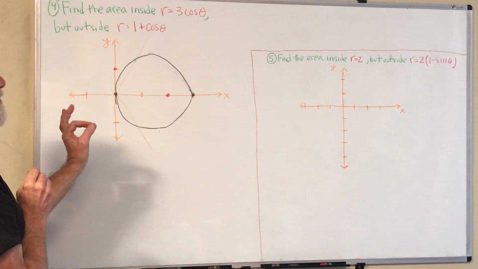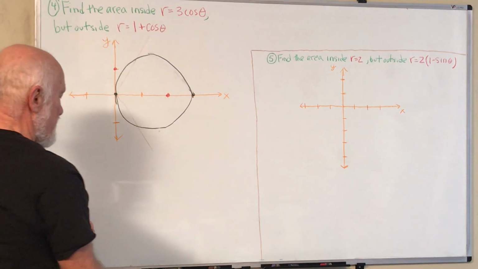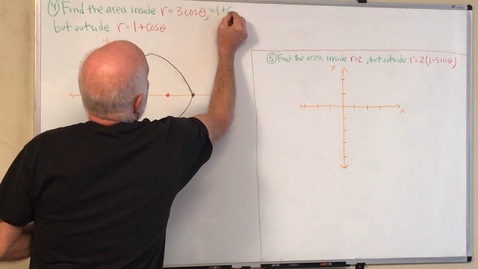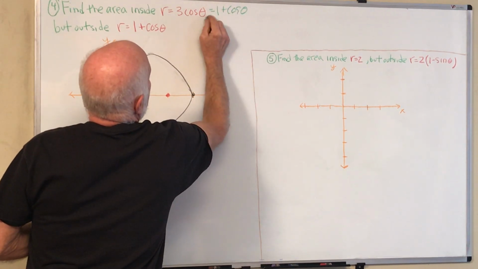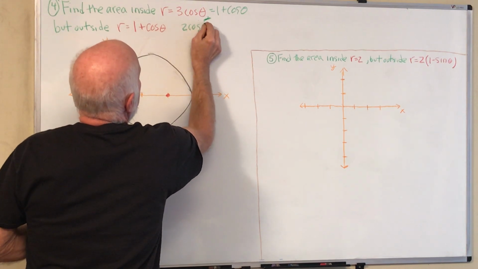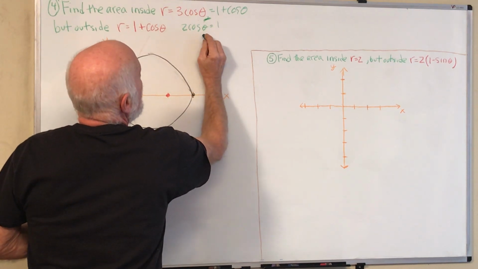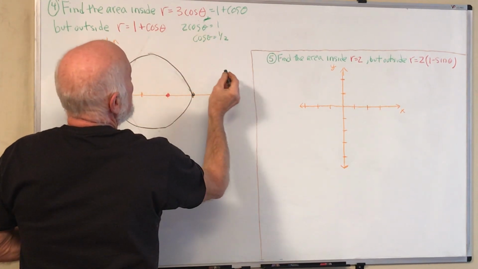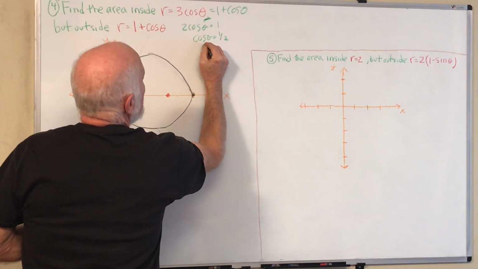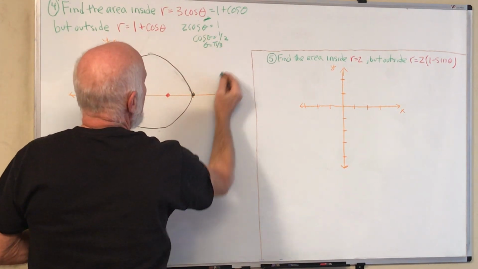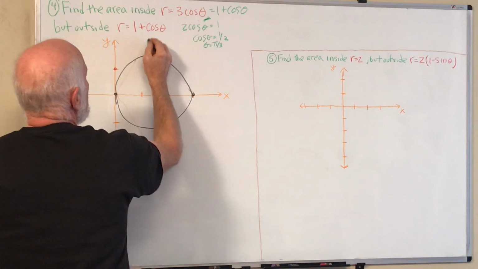So before I go any further, I'm going to set these two things equal to each other. And I get 2 cosine of theta equals 1, or cosine of theta equals 1/2. So theta is going to be at pi over 3, and also at negative pi over 3.